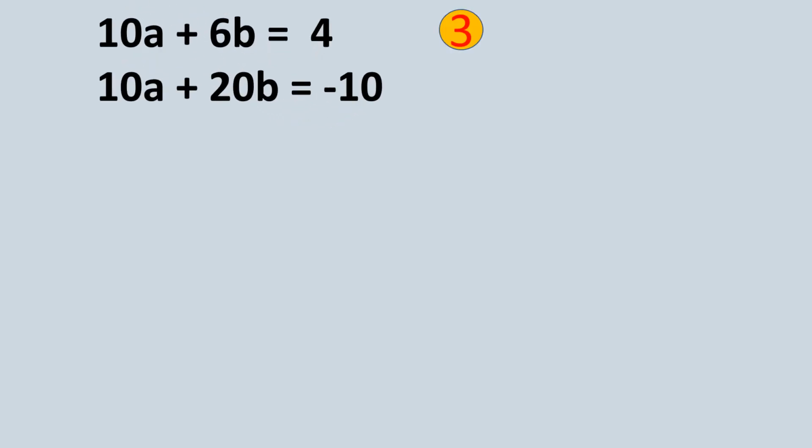So looking at equations 3 and 4, how do we solve for B? We will be eliminating A. We have succeeded in making the A's the same so that we can eliminate by subtraction. So what we'll do is we will say equation 4 minus equation 3.